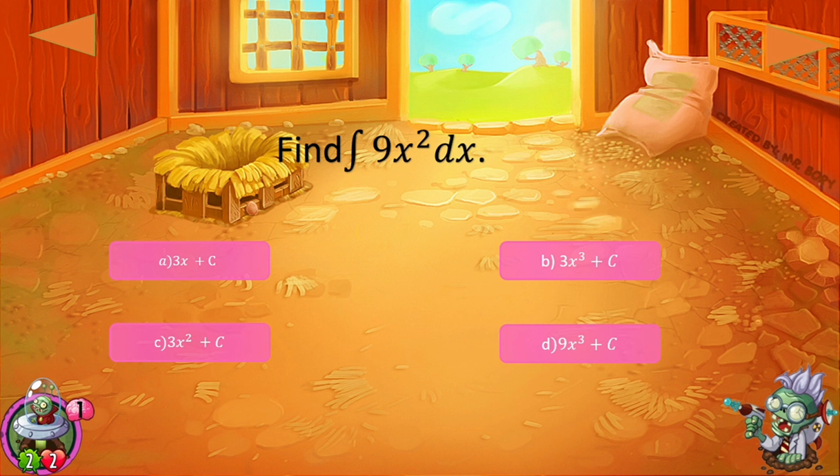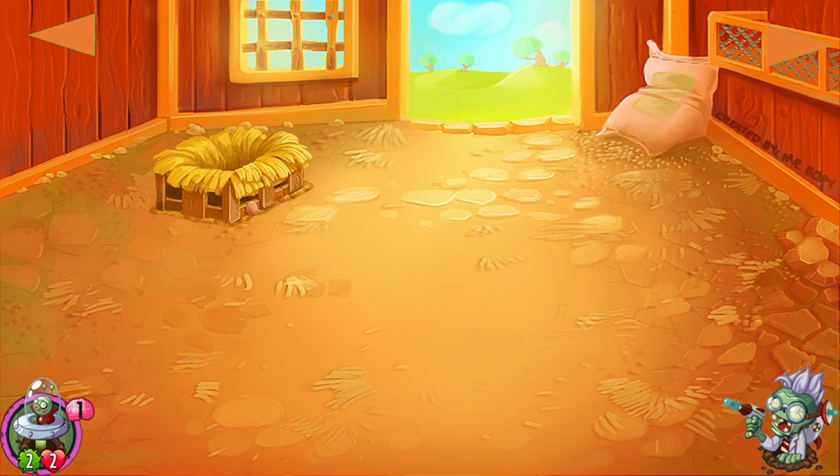Now, how did we end up with that answer? Let us find out. Getting the integration of an equation uses the power rule, which is x raised to the power of n plus 1 over n plus 1 plus c.